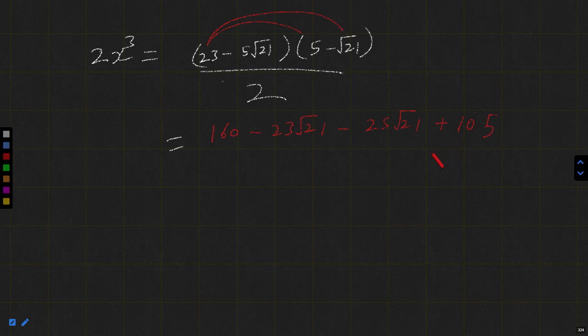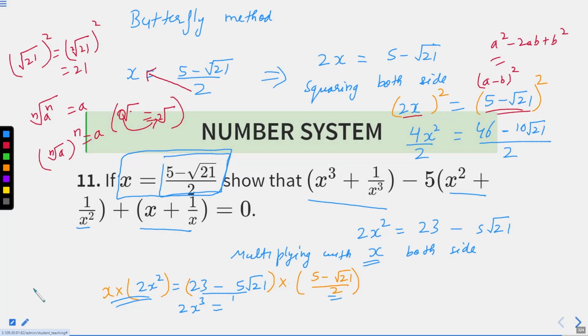105. Okay. Yes. Now, if you see that 160, let me once again go through the problem, what it says.